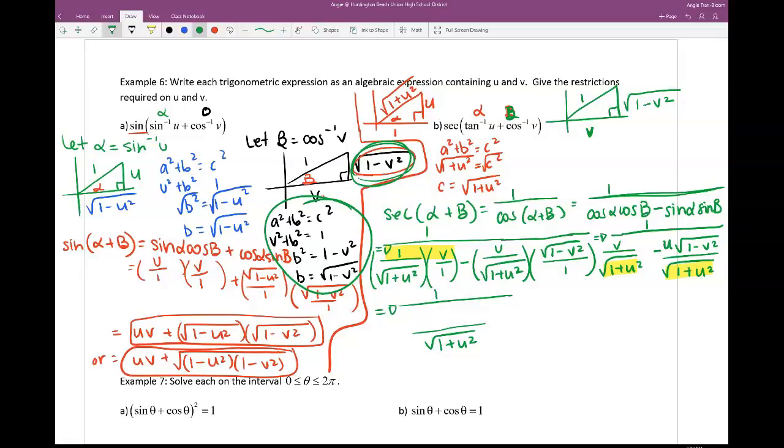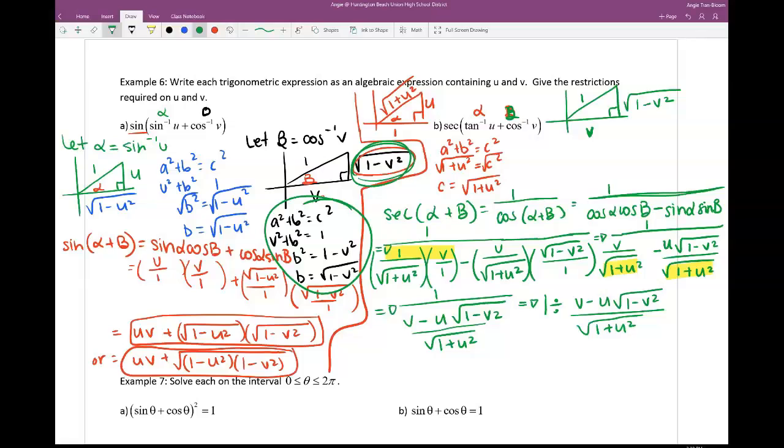Okay, so now on the top, it's really v minus u radical 1 minus v squared. So 1 divided by anything, it's really like this: 1 divided by v minus u times square root of 1 minus v squared, all over square root of 1 plus u squared.